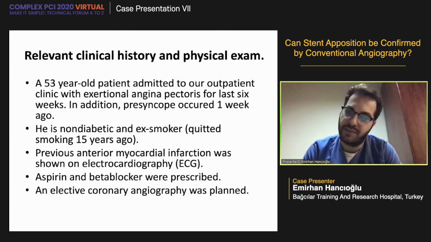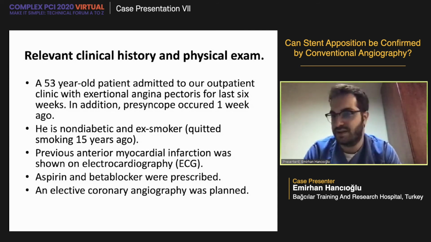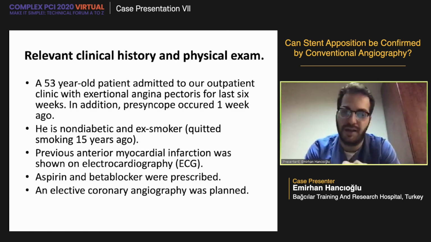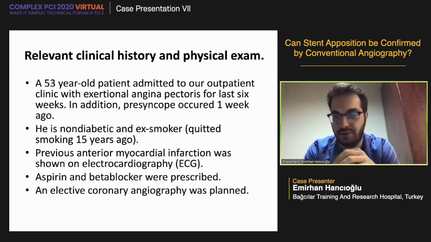In past medical history, he has no diabetes, but he was an ex-smoker. On ECG, we saw previous anterior myocardial infarction findings, and we started aspirin and beta blocker, then planned an elective coronary angiography.